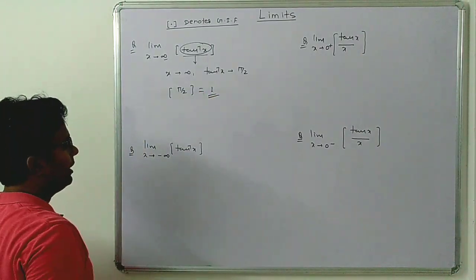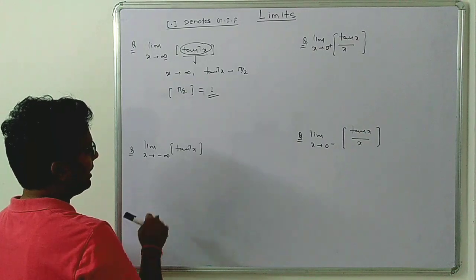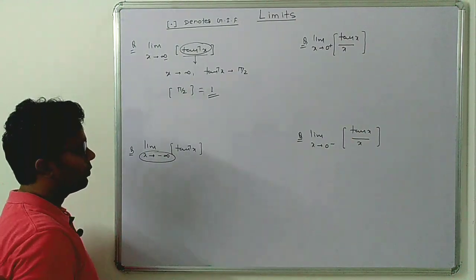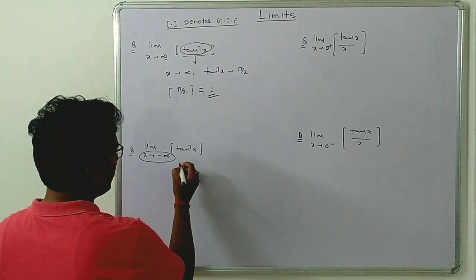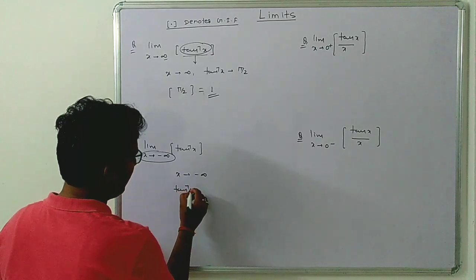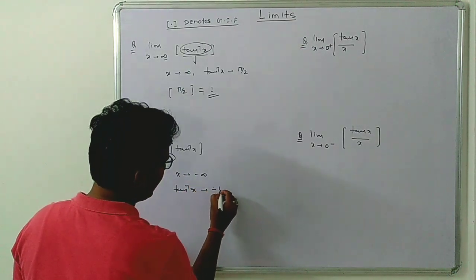Next, question number two. Next is the greatest integer of tan inverse of x when x is tending to minus infinity, right? When x tends to minus infinity, tan inverse of x will obviously tend to minus pi by 2.